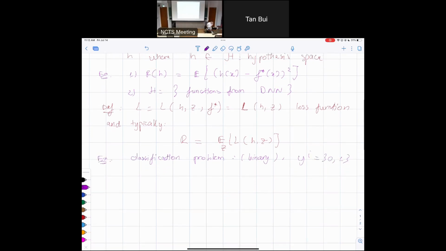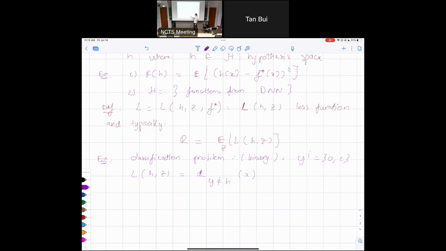Then the loss function is typically written as L(h, z) equal to the indicator function.